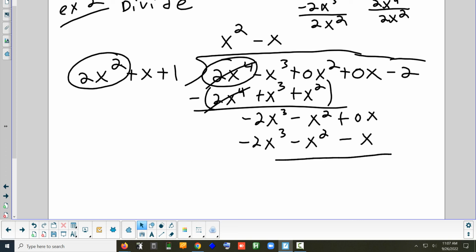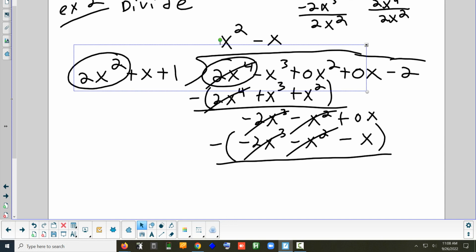Watch what happens here. What's negative 2x cubed minus negative 2x cubed? What's negative x squared minus negative x squared? We just got two things to cancel, so this exponent is going to drop down to a 1, which is less than 2. So we're done. We just have to finish the arithmetic.